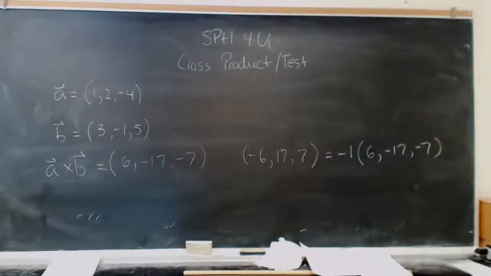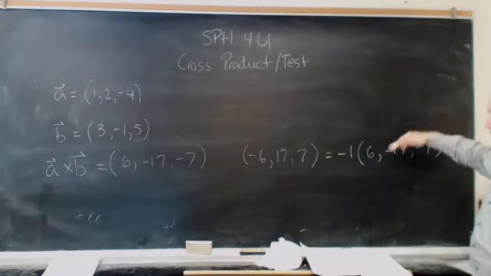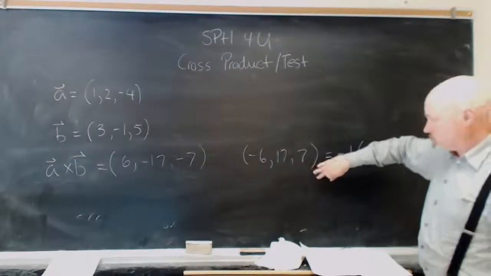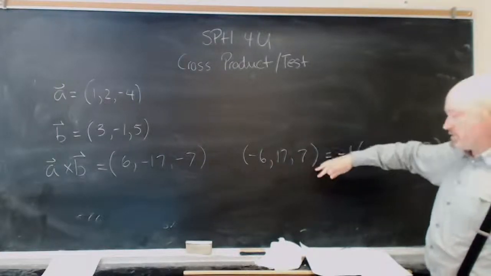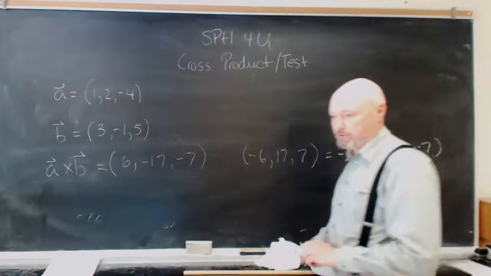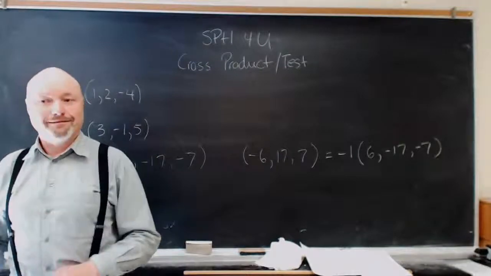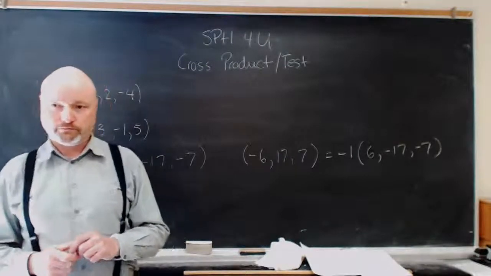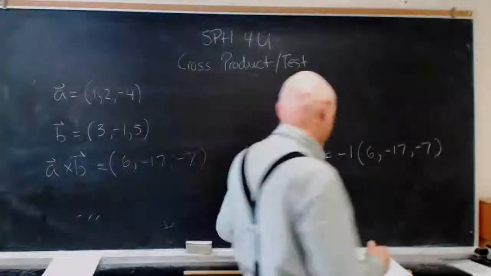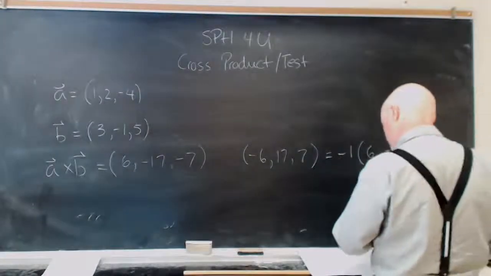So he multiplied by negative 1. So that vector is actually, if we were to look at it on GeoGebra right now, which would be a good idea, but it would take me 5 minutes to get that all figured out, just in the opposite direction. Okay, very good.